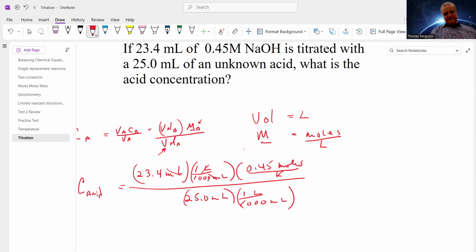So you can do this a couple different ways. One way is just before you start anything, convert the milliliters to liters. So it's automatic, and you don't have to have this conversion factor in there. The other way to do it is like this, and let me show you something. If you do it like this, the conversion factors cancel out, which simplifies it quite a bit. Either way works fine.